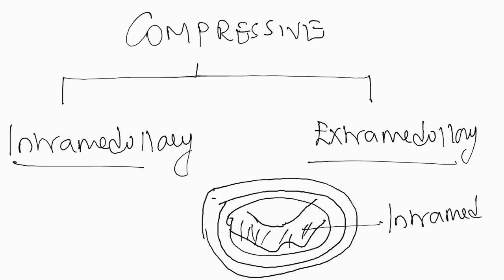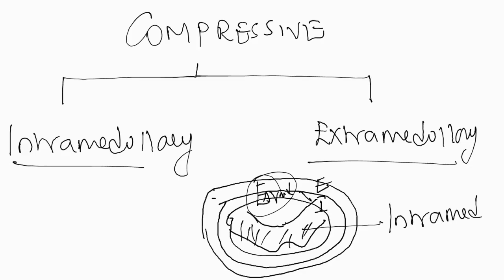Anywhere here is extramedullary. This extramedullary can be within the dura mater, that's called intradural, or outside the dura mater, it's called extradural. We'll see some of the causes for intramedullary, extramedullary, intradural and extradural. Just know the causes, that's more than enough.